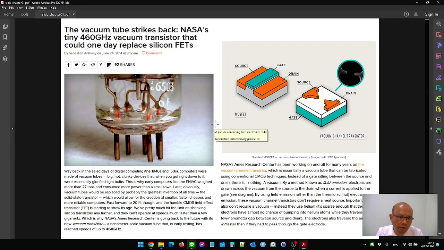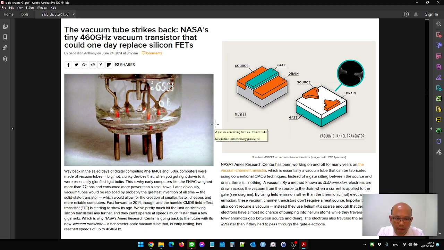I searched the internet and found some research. A vacuum tube at NASA runs at 460 gigahertz. This is very fast, faster than the transistor. The latest transistor technology, I think, runs at around 10 gigahertz.